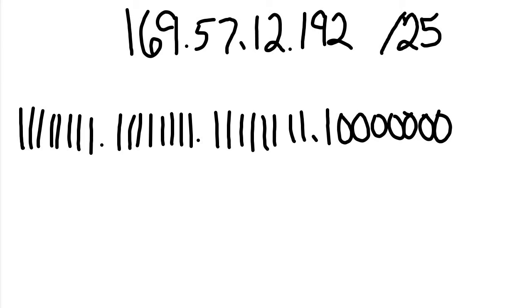All right. Now, converting the IP address that we were given into binary, I have 1, 0, 1, 0, 1, 0, 0, 1. That's 169. Let me make that a little neater. 1, 0, 1, 0.